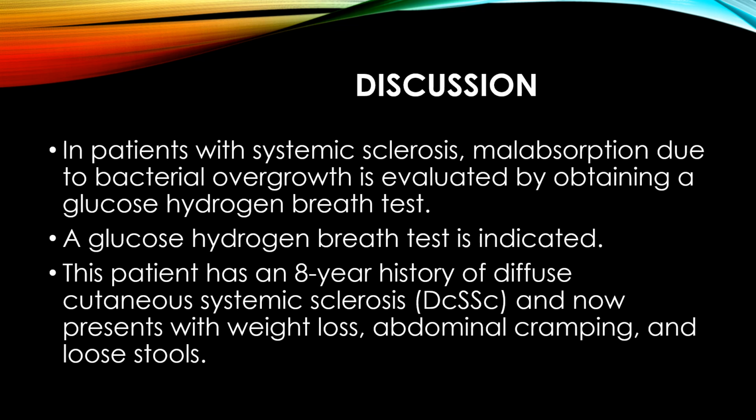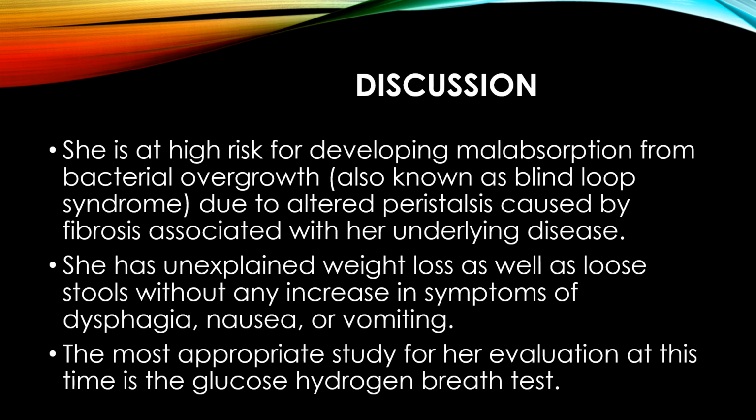This patient had an 8-year history of diffuse cutaneous systemic sclerosis and now presents with weight loss, abdominal cramps, and loose stool. She is at high risk for developing malabsorption from bacterial overgrowth, also known as blind loop syndrome, due to altered peristalsis caused by fibrosis associated with her underlying disease, I mean diffuse systemic sclerosis.